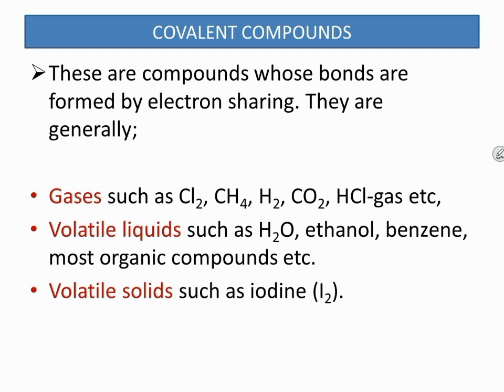Hydrogen chloride gas is not the same thing as hydrochloric acid. I told you all acids are electrolytes, that's because they are dissolved in water, but in the gaseous form it is a covalent compound. Now, of course, there are volatile solids like iodine. Please remember how to identify a covalent compound. A compound consisting of a combination of two non-metals, or more than one non-metal, you say yes, that is a covalent compound, or a covalent substance.